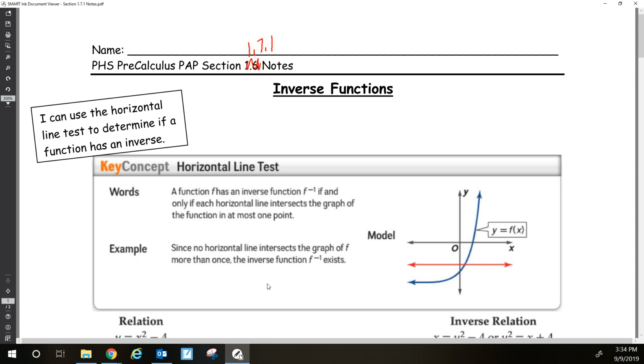Well, likewise, if we take that same graph, and we draw horizontal lines through it, if we cross the graph more than once with our horizontal lines, then it means we don't have an inverse. You might be going, but Ms. Harris, I thought the square root function was the inverse of the quadratic function.